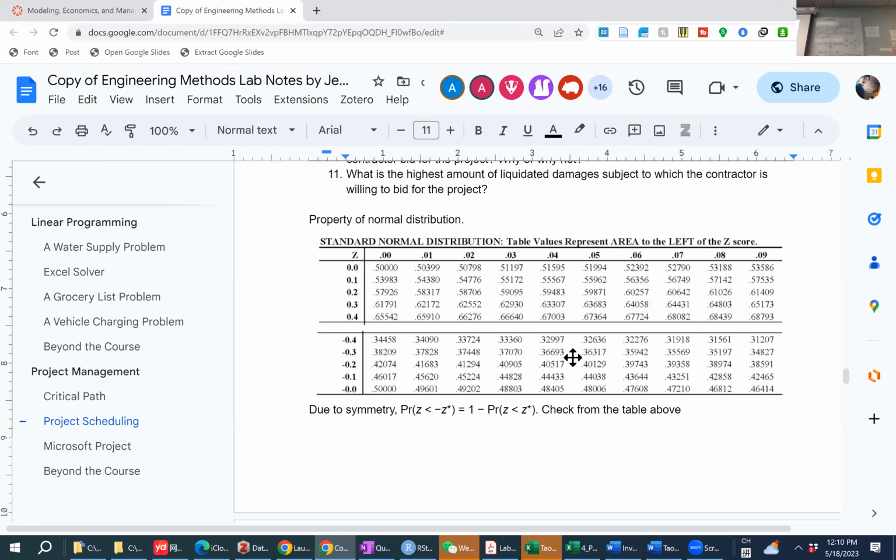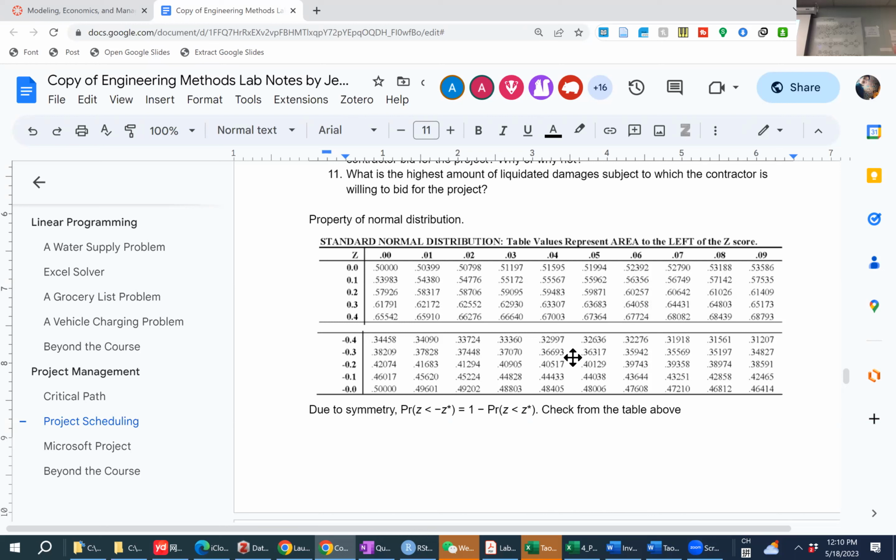We can find that this part is actually symmetric. If we go to instead not 0.22 but negative 0.22, like this quantity, we find that this area under the curve that corresponds to a z value that's negative 0.22, and the area that's positive 0.22, they sum to 1.